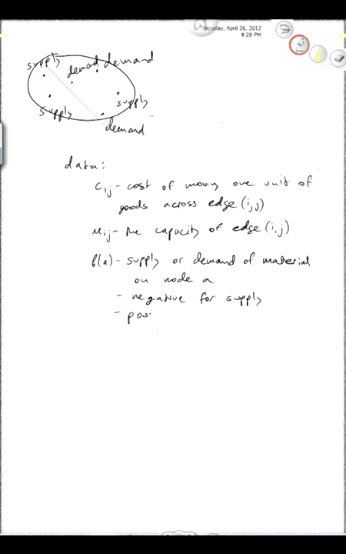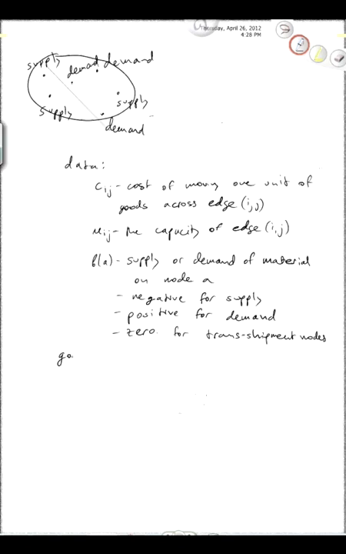Demands are going to be positive. And every other node that's neither has a supply nor demand is just a node where things are moving through. And so this is going to be just 0 for transshipment nodes. So these are the nodes that neither have supply nor demand. They're just kind of in between.